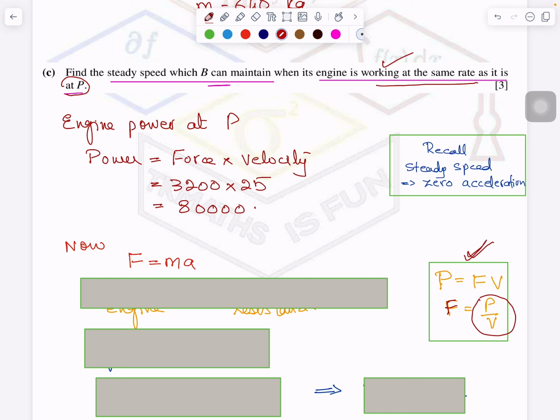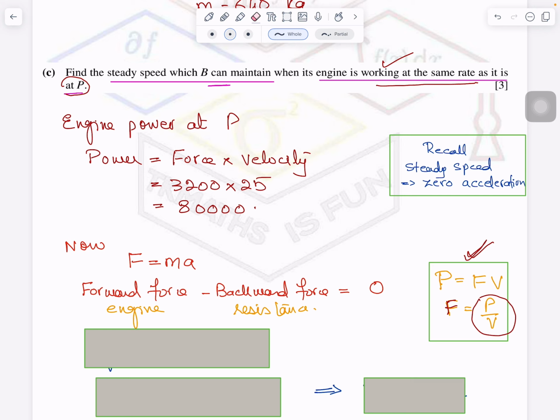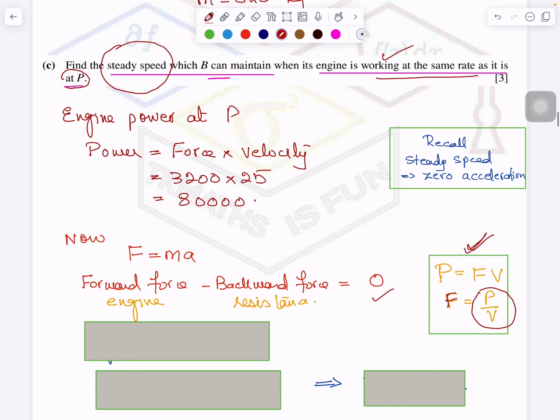This will be my forward force. And my backward force will be which one? Resistance. So I will form this equation. And I'm writing it equal to 0 because acceleration is 0. Why is that? Because he's talking about steady speed from now onward. So I can write 0 here.